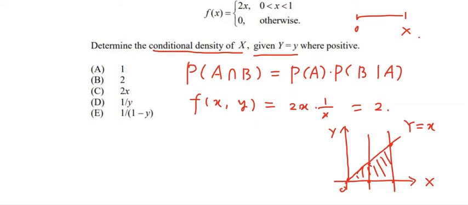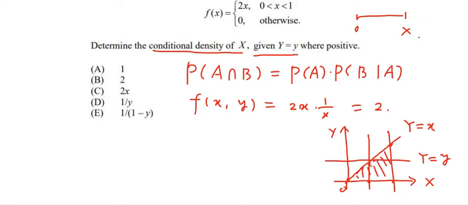So we can find the conditional density function of x given y equal y. So y equal y is like this line. So this is just the density function, where we add those x out.